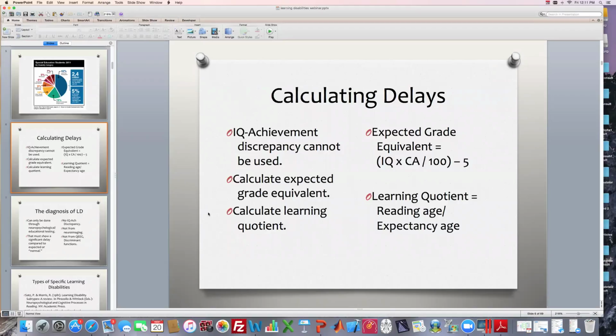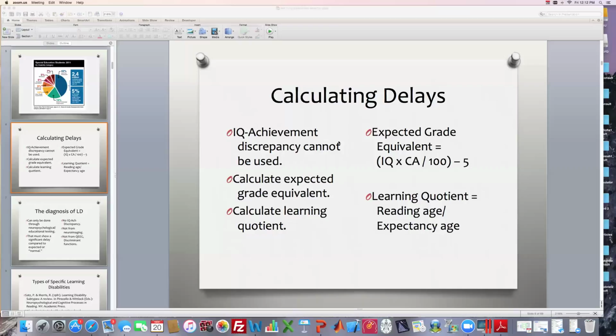And now what we do is we calculate an expected grade or age equivalent. You can calculate this by calculating their IQ based on their chronological age and subtracting 5 years, because we don't expect them to have learned anything in the first 5 years of life, at least in terms of these ability areas of reading and writing, spelling, and math.